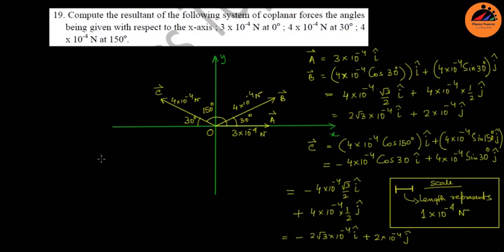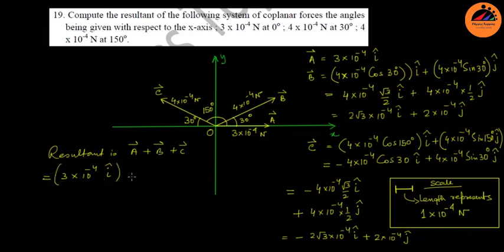Now let's add them. So resultant is a plus b plus c. Very simple, you can do it easily. A is 3 into 10 to the power minus 4 I cap.